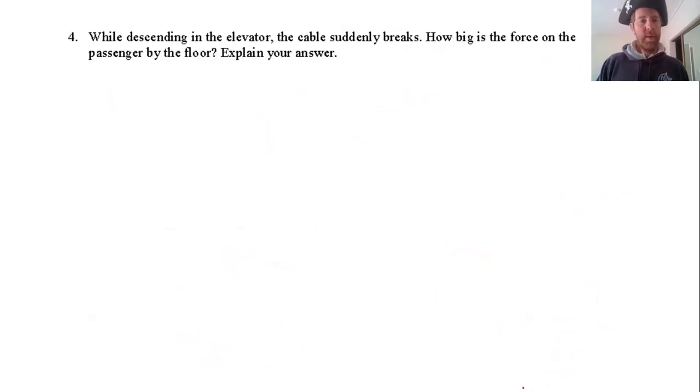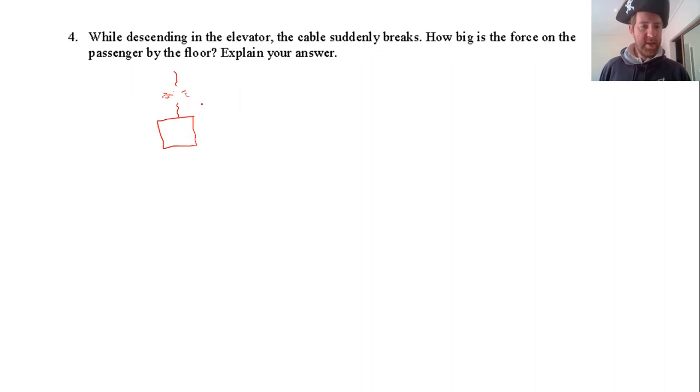Cool. While descending in the elevator, the cable suddenly breaks. Oh dear. How big is the force on the passenger by the floor? Explain your answer. So what happens is that the cable breaks.